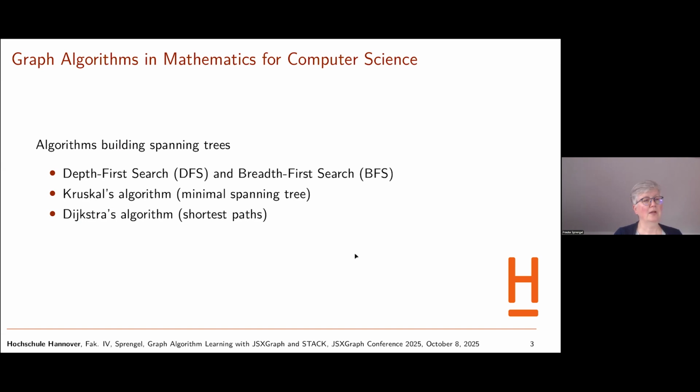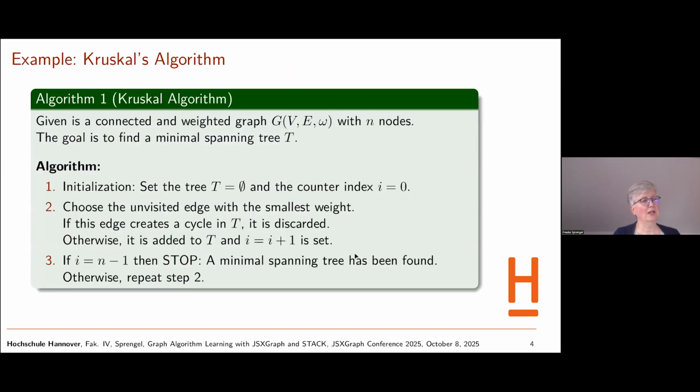And if you see such an algorithm as a student, then you say, well, a lot of formulas. Let's see the graph and what we are doing with the graph, and not such an algorithm, because it's hard to understand, because they are in the first semester and they are not used to it.